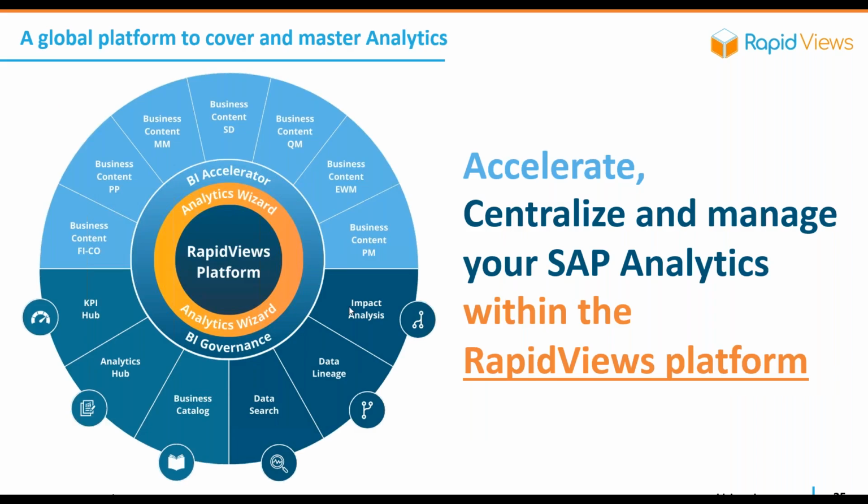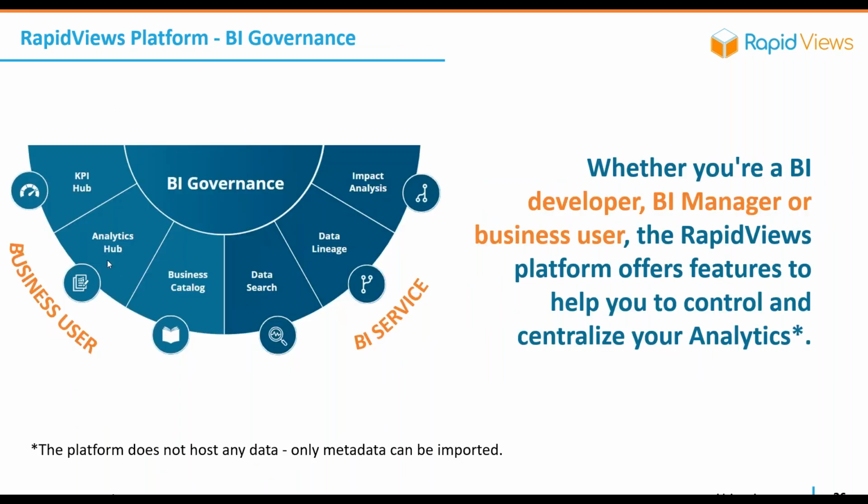What about governance? So we talked so far about our BI accelerator, right? We have this business content that we can install on ECC, S4HANA, and SAP Datasphere, and we can centralize everything in one single platform. Because everything is centralized in one place, we can bring value to the business users and to the BI managers.